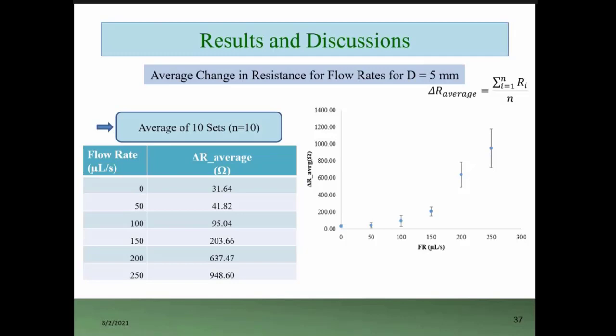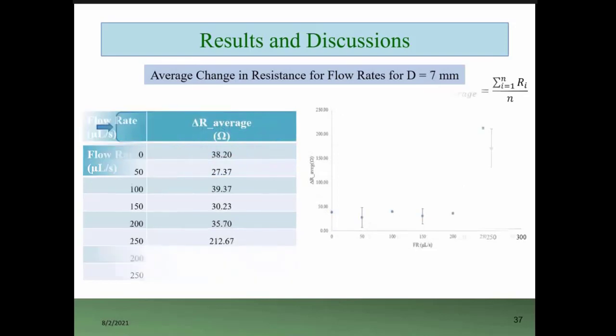This was happening because when the flow rate was increasing, it was giving more pressure, and the film was bending in a fluctuated manner. That is why it was showing that much of a standard deviation.